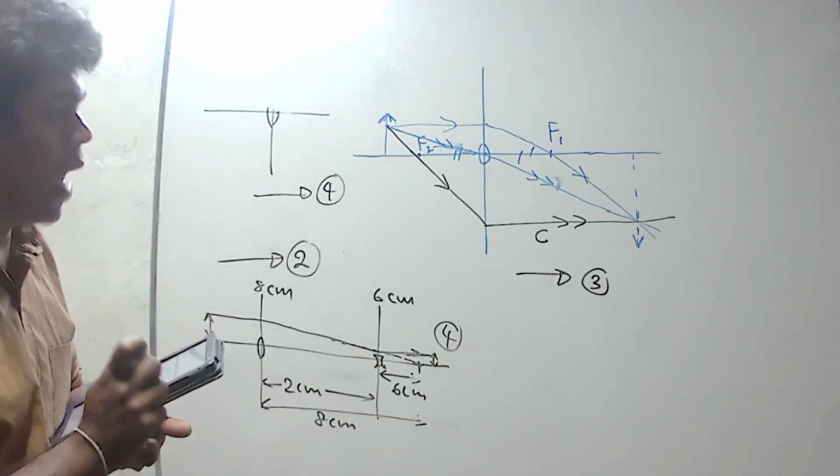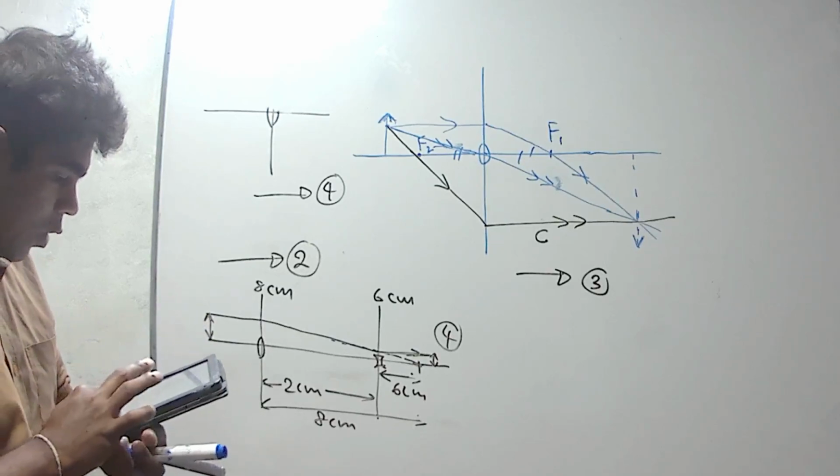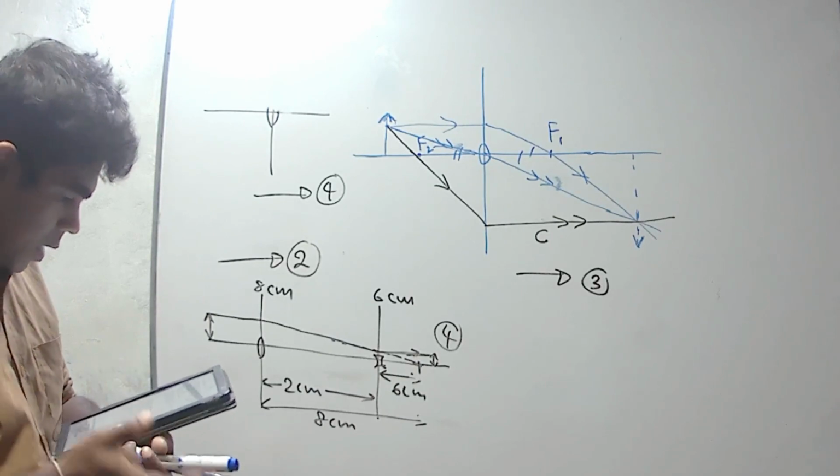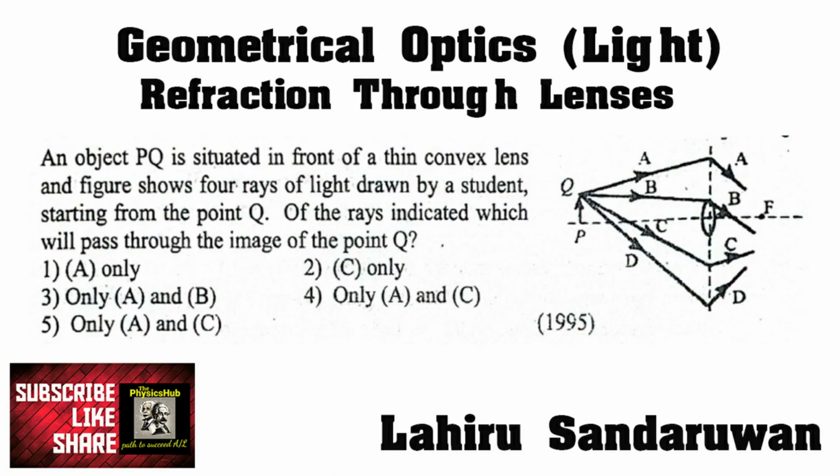Sometimes it will not pass correctly, because if you are not using original paper, there is a difference between ray diagrams. An object PQ is situated in front of a thin convex lens, and the figure shows 4 rays of light drawn by a student starting from point Q. Which of the rays indicated will pass through the image of point Q?